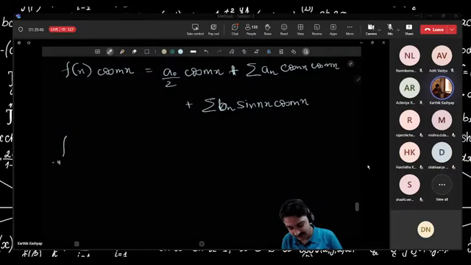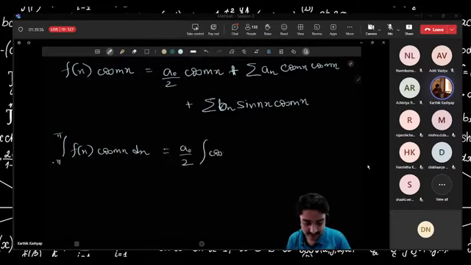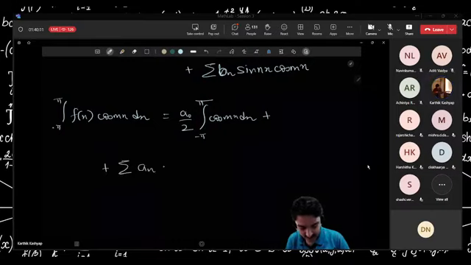So with that, we get the integral from minus pi to pi of f of x cos mx dx is equal to a0 by 2, which is constant. So keep that outside. a0 by 2 integral cos mx dx from minus pi to pi. And then again, we can take the integral inside because an is constant.